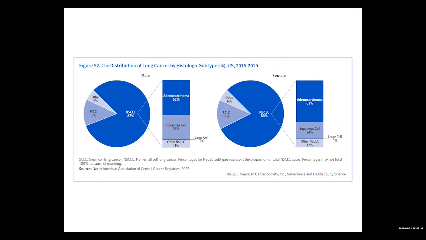As you can see, that which I'm pointing towards there, the blue color, is 52%. Another patient may have what we refer to as squamous cell, and sometimes we may have other non-small cell. This NC stands for non-small cell lung cancer, about 11%. But you may also have people with large cell lung cancer.